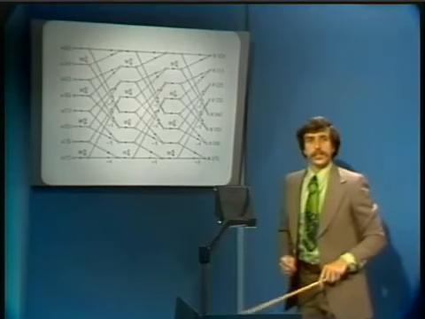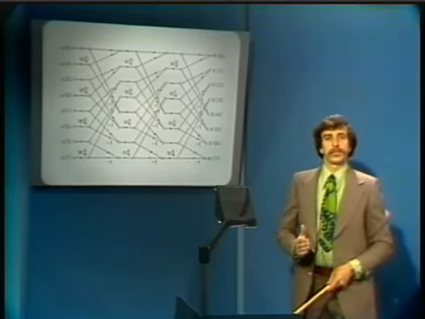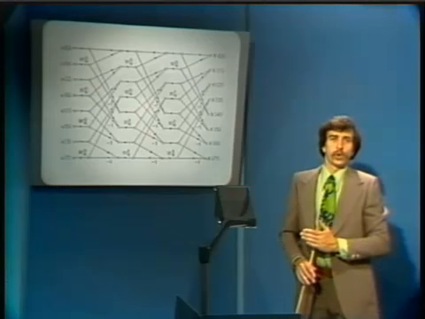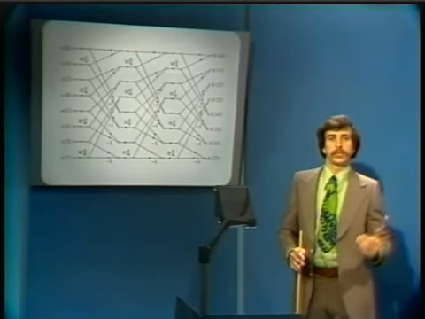To compute the next stage, we now start with the memory C and D as the inputs and store the results of the computation back into memories A and B.